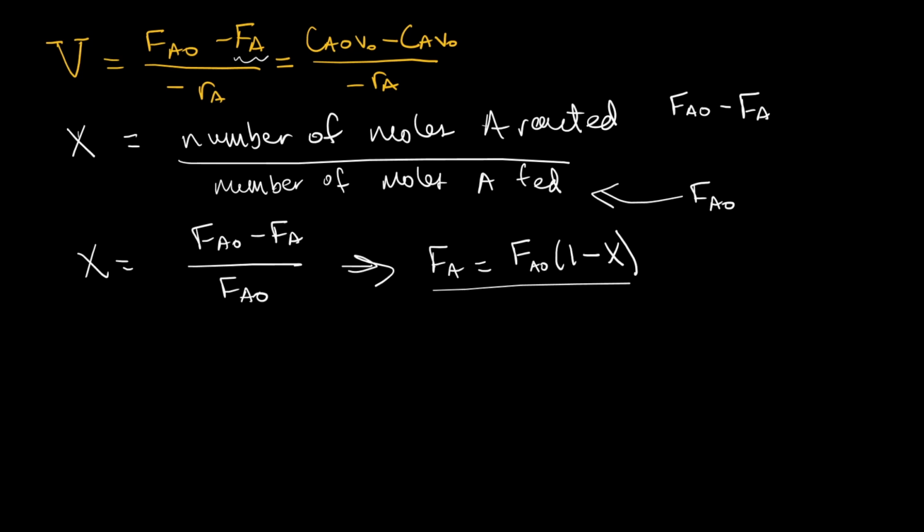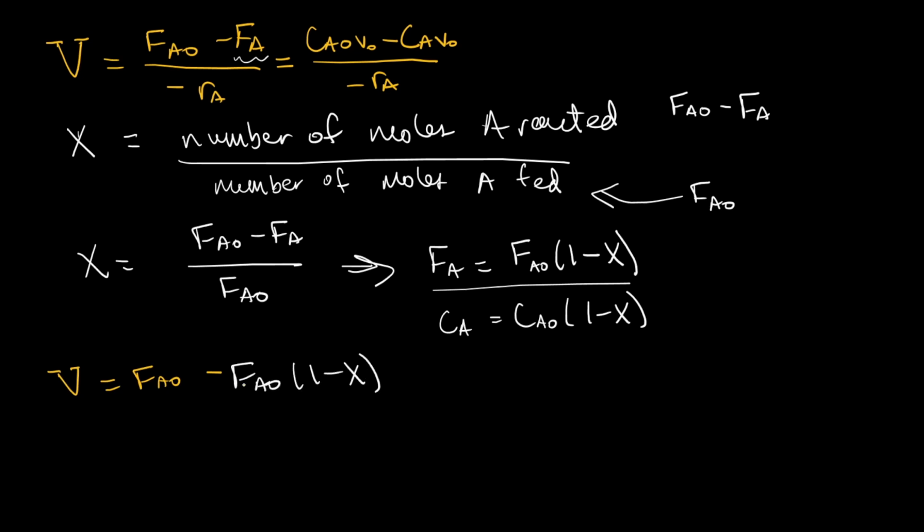Here we can divide by our total volume, and we can also write this as CA is equal to CA naught times 1 minus X. And we can substitute in FA right here for FA in this equation for V. So we end up with V is equal to FA naught minus FA naught times 1 minus X, divided by our negative rate of reaction.